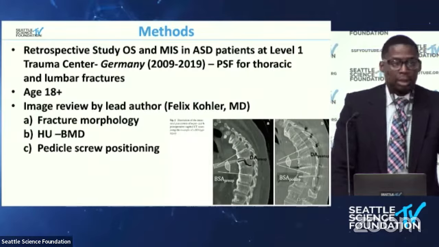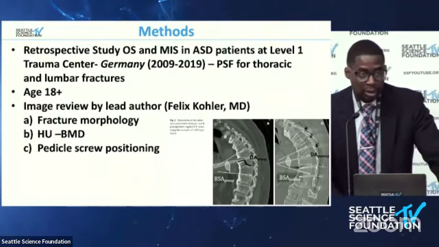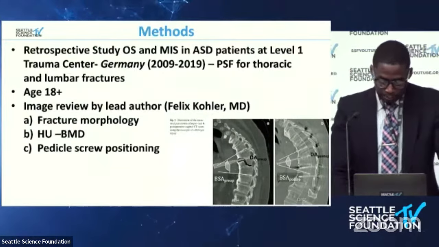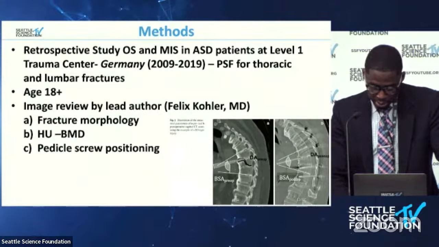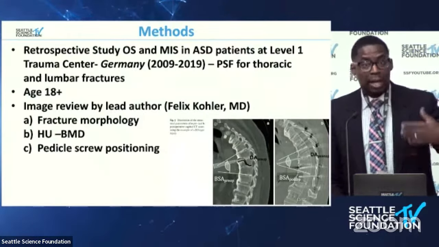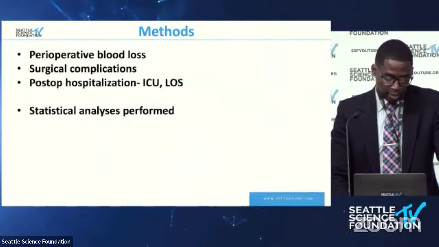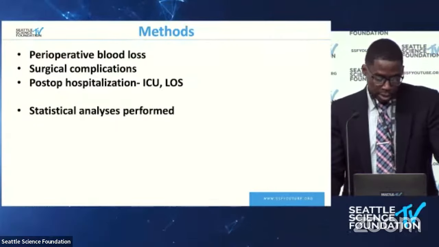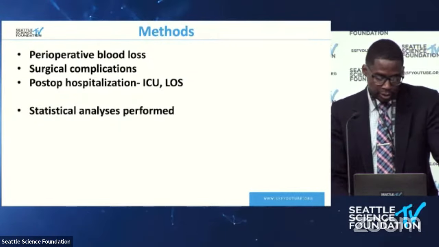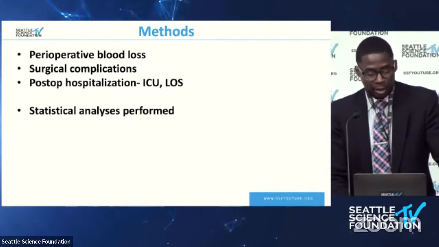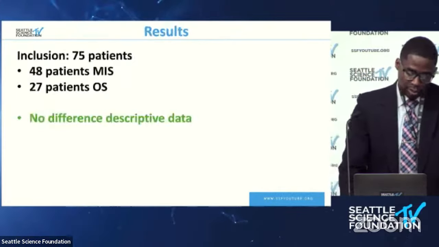They also identified pedicle screw fixation and used the Gertzbein and Robbins classification with respect to placement. They also studied perioperative factors such as blood loss, surgical complications, and hospital stay, and statistical analyses were performed.